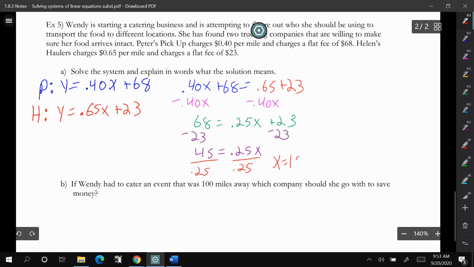So what that tells us is that if the distance is 180 miles away, if that's how far the food needs to be transported, both companies will cost the same amount of money.